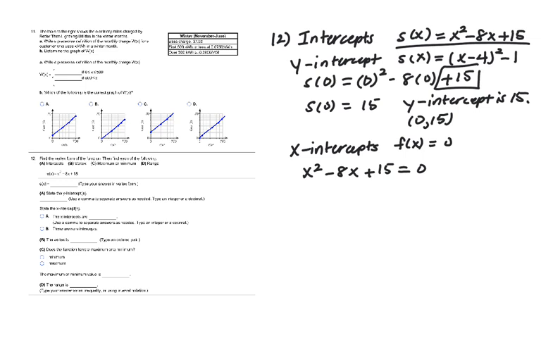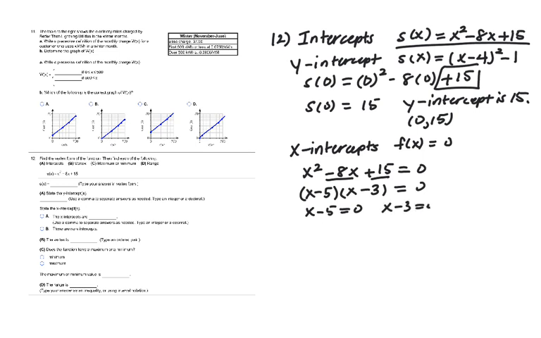Here I'll factor, since this will be quicker. So x squared is x times x. Two factors of 15 that will add or subtract to give you negative 8 are 5 times 3, which is 15. To get a negative 8, I need to take the difference of both. So we have x minus 5 equals 0.